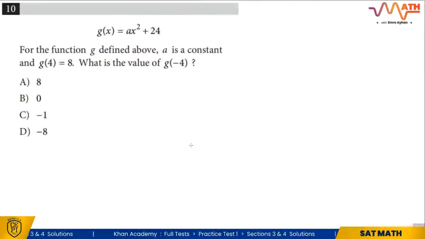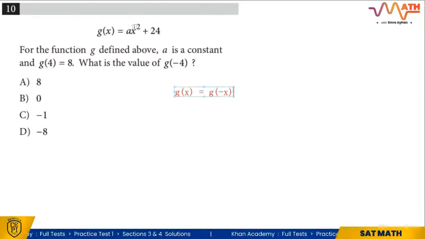Number 10. For the function g defined above, a is a constant and g of 4 is given a. What is the value of g of -4? So this is really simple, interesting question. This function is an even function. What is the meaning of even function? G of x is equal to g of -x.